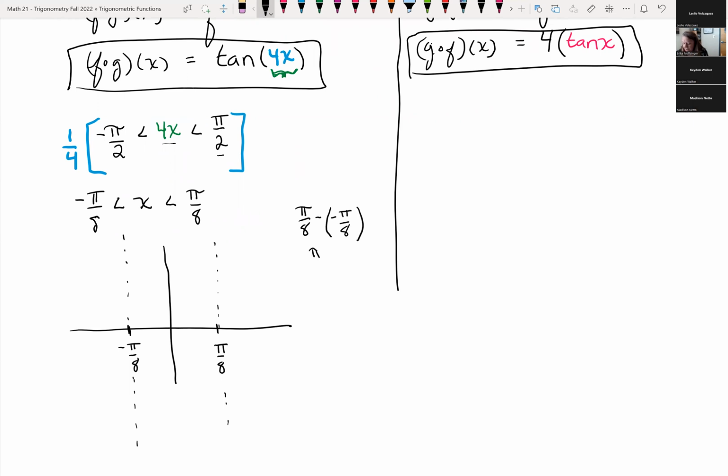And so this would give me pi eighths plus pi eighths, which is 2 pi eighths, which is reduced down to pi fourths. So subtracting pi fourths, or 2 pi eighths, from negative pi eighths, that's going to be negative 3 pi eighths.